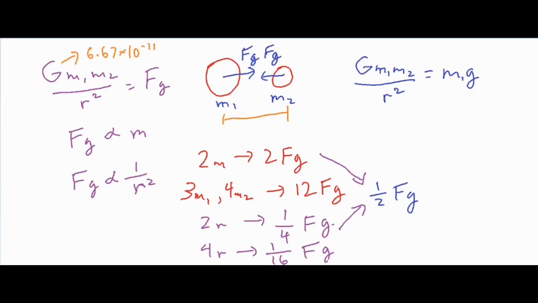So say, for example, you're talking about, we'll change these subscripts here, the mass of a person, and then the other mass is the mass of the Earth. Okay, then this would be the mass of the person experiencing a certain amount of gravity on Earth, and the mass of the person cancels out. So if you want the little g value and you plug in all these values over here, then that's where you get 9.8.